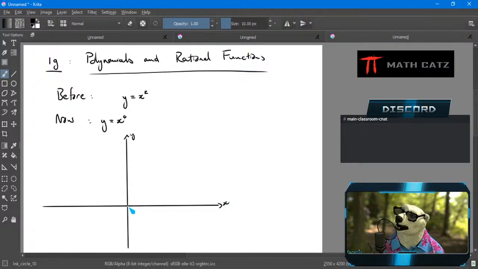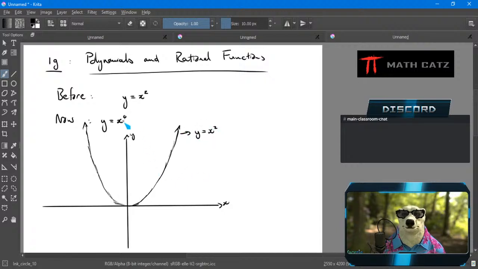If I look at my parabola, it's a little more narrow, I think. Let's try and be somewhat smooth and have nice symmetry here. I have to do the lines in little bits. This would be y equals x squared, my parabola. The y equals x to the 4 graph is a little flatter. It's a little more U-shaped. It's a little flatter in the beginning, and then it ramps up faster than the parabola eventually.